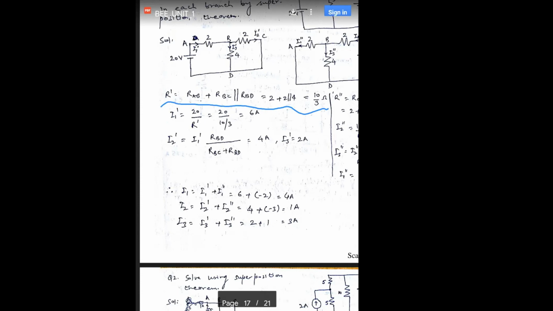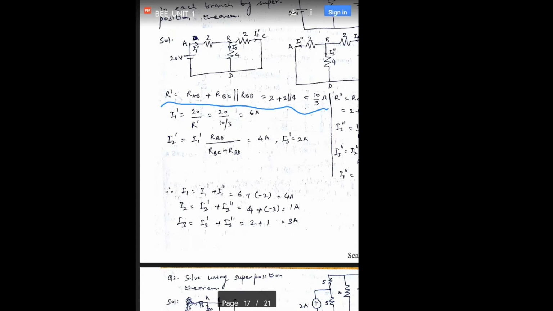Okay. So now you can apply the current division formula to know the magnitude of the current which is flowing through 2 ohm and 4 ohm resistances.